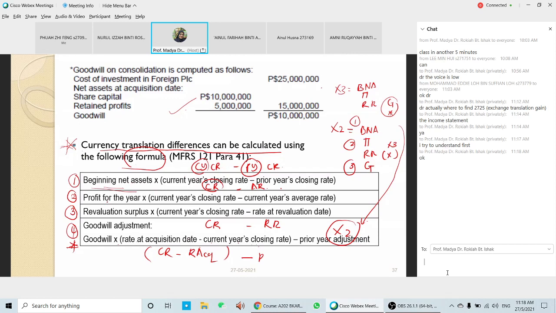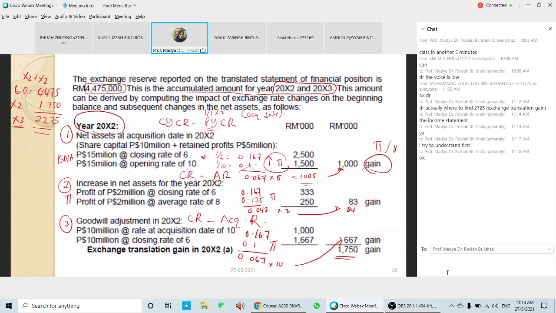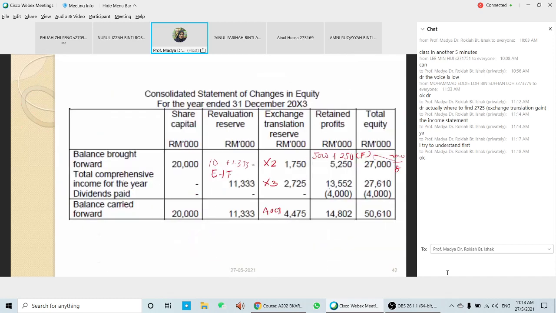Then profit for the current year compared with the average rate. Revaluation: the current year minus the revaluation rate. Goodwill: the current closing rate compared with the rate at acquisition, minus prior year adjustments.